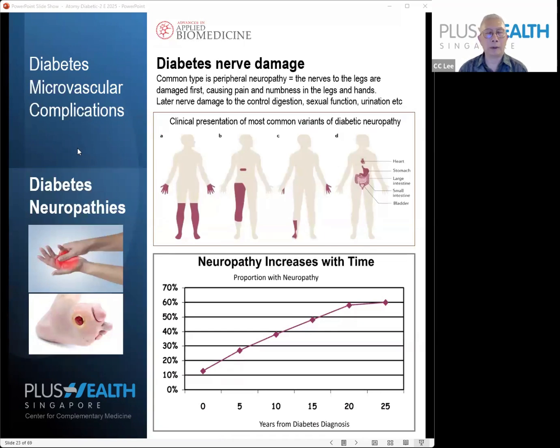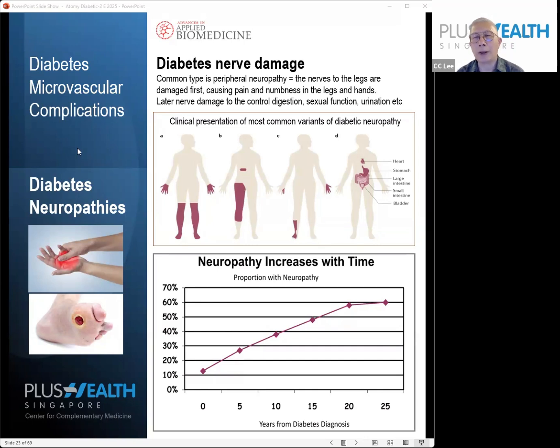Okay, now the third microvascular complication is the damage of your nerves, because of diabetic neuropathy itself. Now, the nerve damage can affect all parts of our body, because nerves are in all parts of the body.